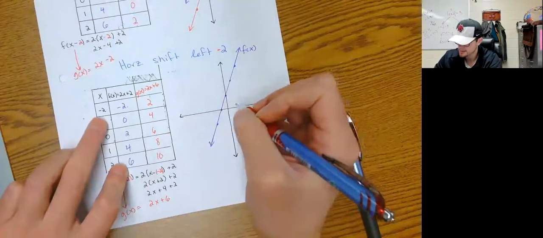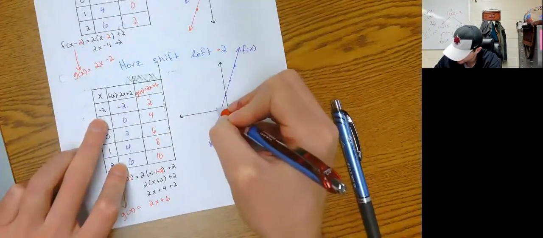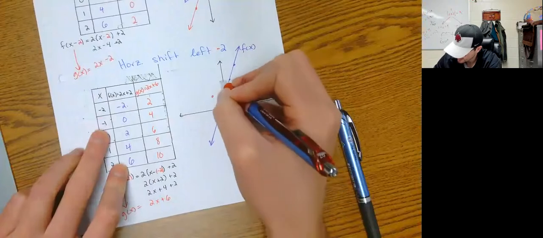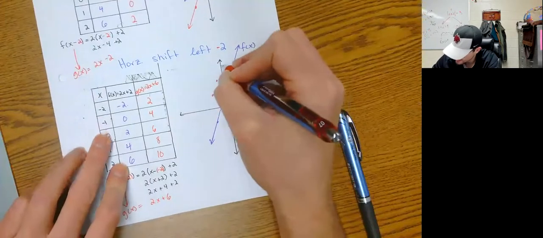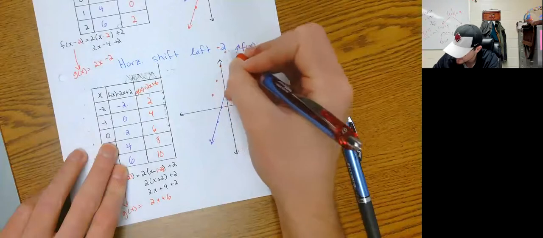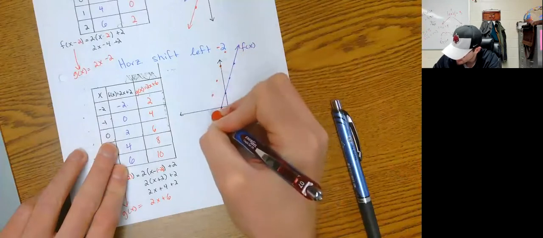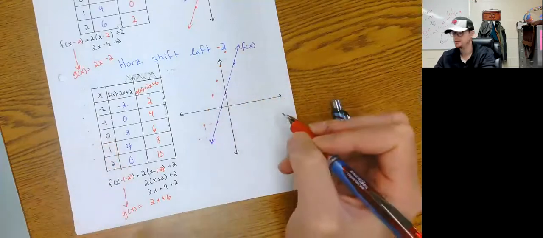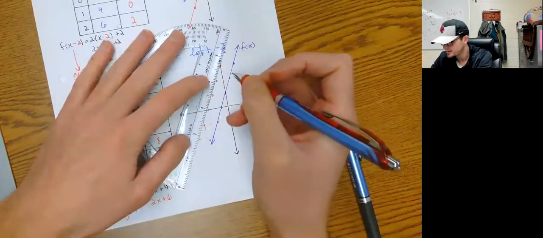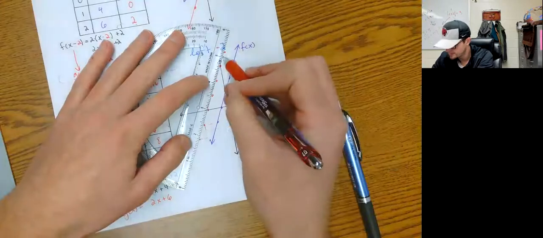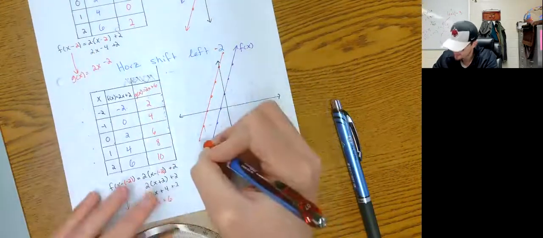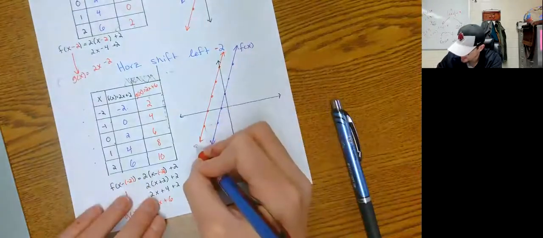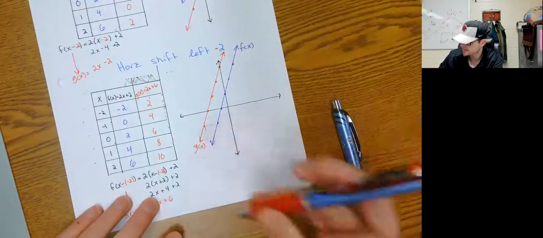Okay, so let's find out. So negative 2, 2, negative 1, 4, and then 0, 6. Ooh, I'm running out of space up there, but I can go backwards. You guys remember the staircase, hopefully. I always teach my Algebra 1 students by using the staircase method when you're doing linear functions. Okay, so that would be g of x.